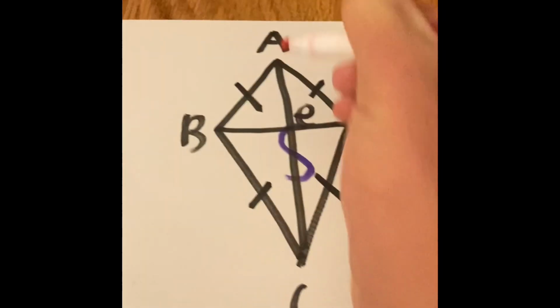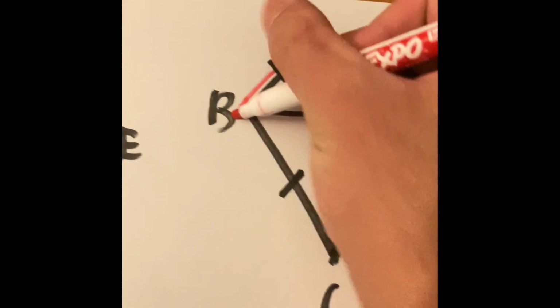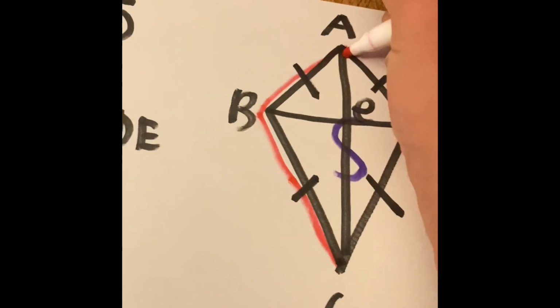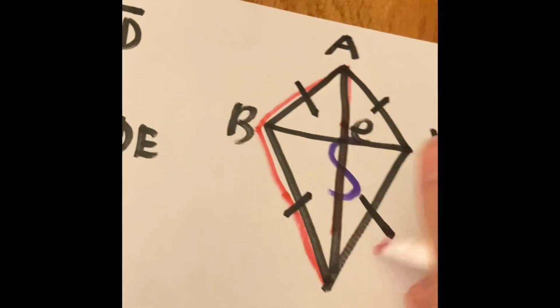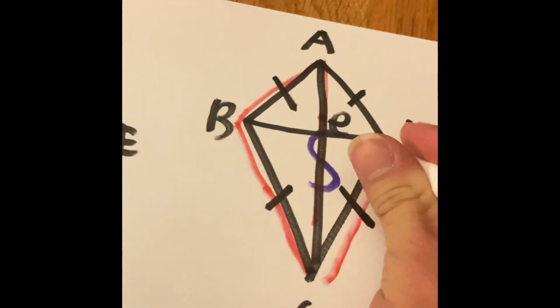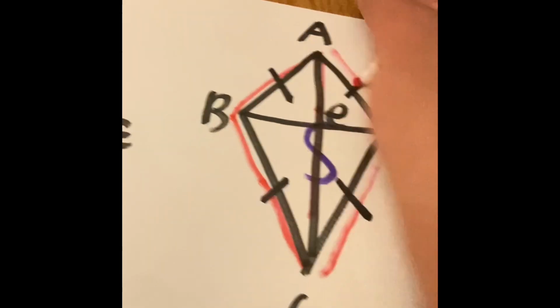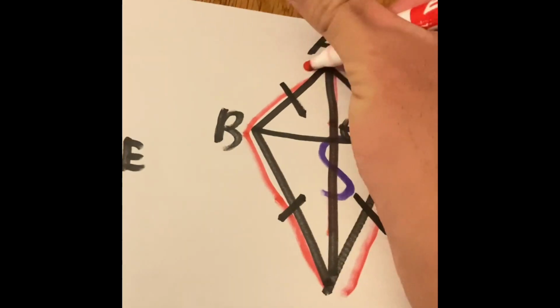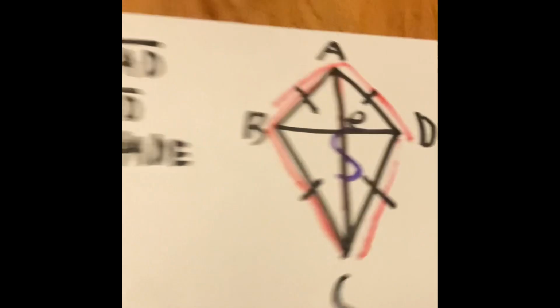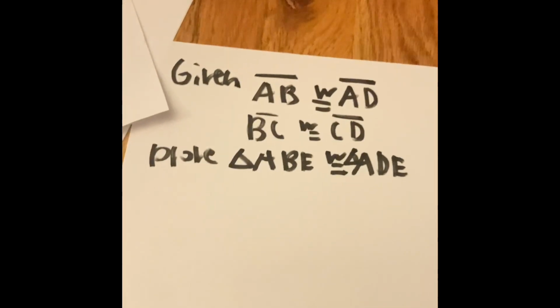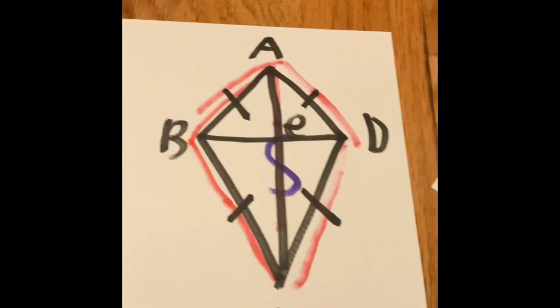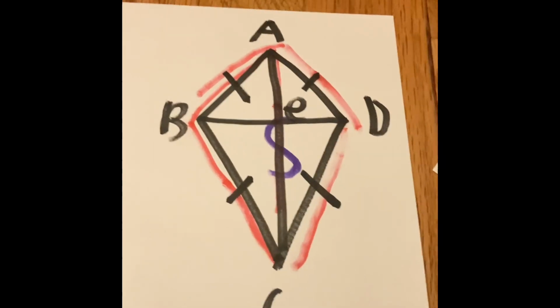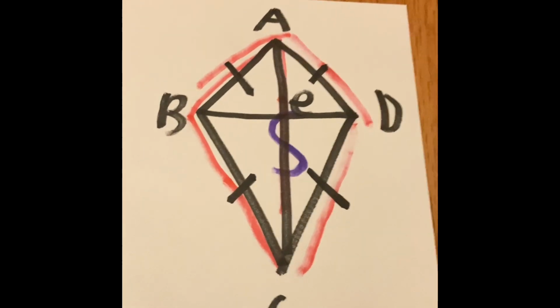So what we have proven is, I'm going to highlight in red, this right here. But there is one little problem. We proved two triangles are congruent. However, they are not the right kind of triangles we wanted. We want the smaller triangles, not the bigger ones. But that will still help us later.